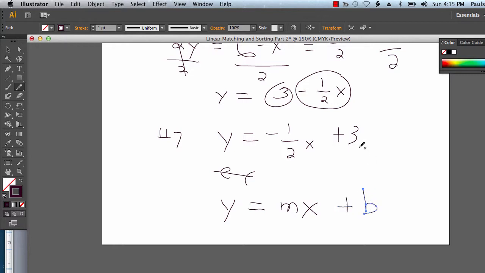Okay? So what that means is this number, negative 1/2, is m, and this number plus 3 is b, the y-intercept. And I explained those two things in part 1. So, negative 1/2 is slope, plus 3 is y-intercept.